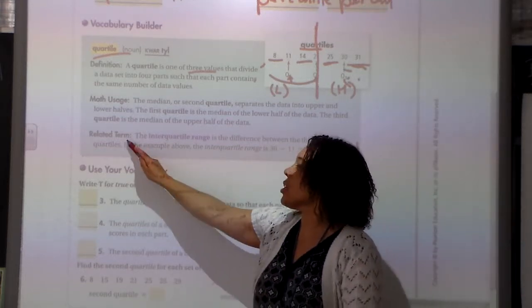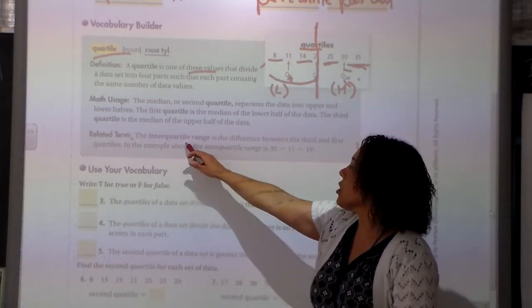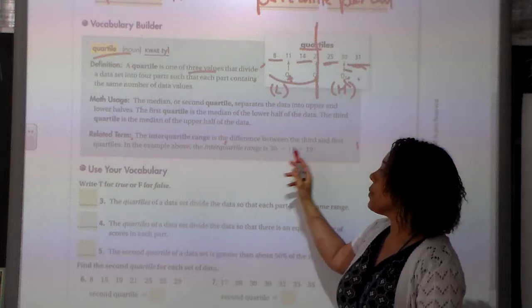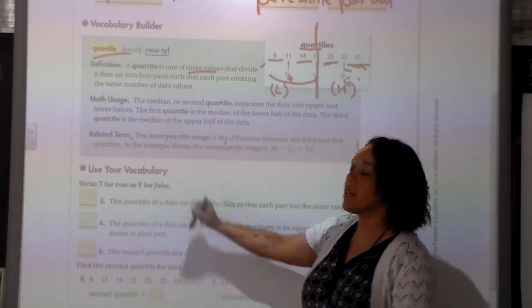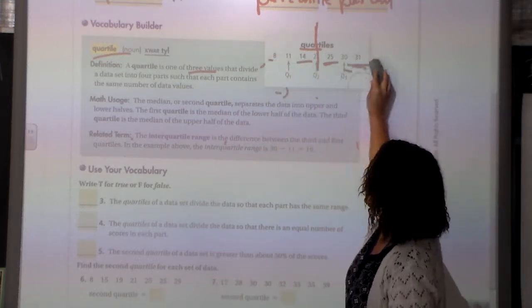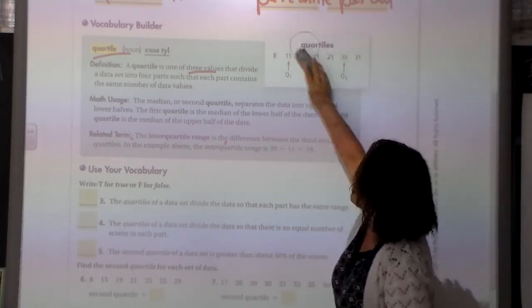So a related term that we have here is interquartile range, which is the difference between the third and the first quartiles. So in this example above, we would look at the first and the third. We're not paying attention to the second quartile at this point.